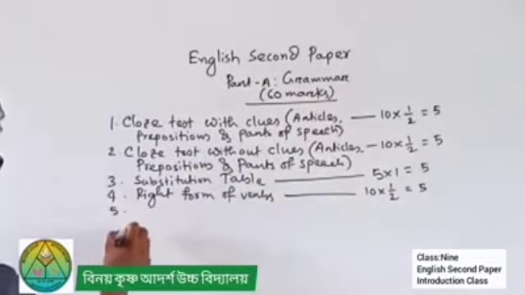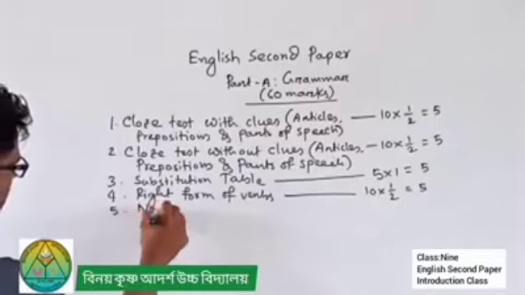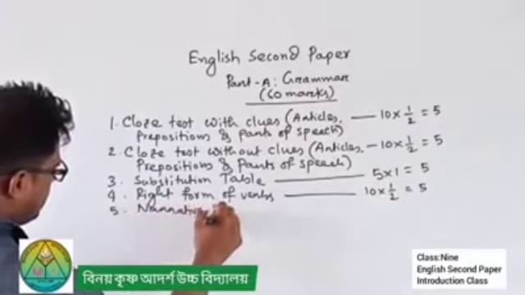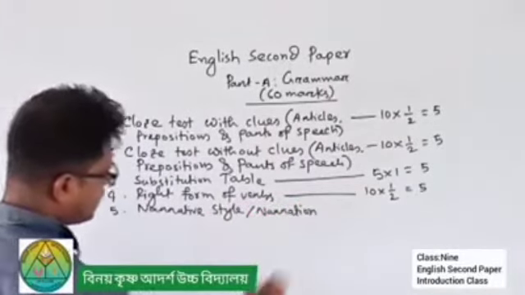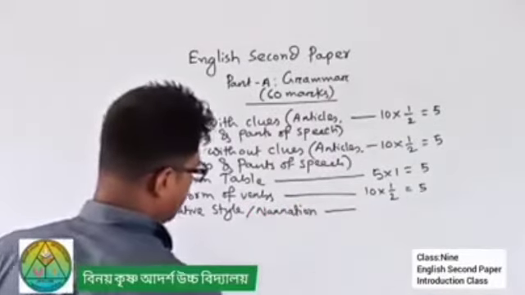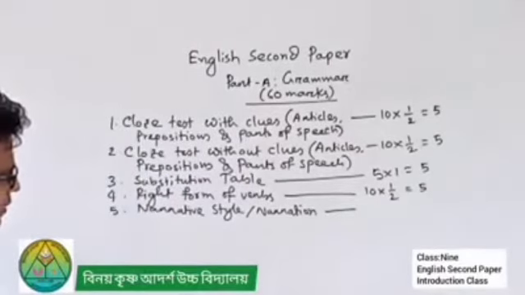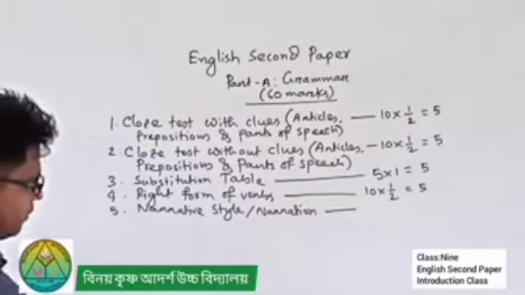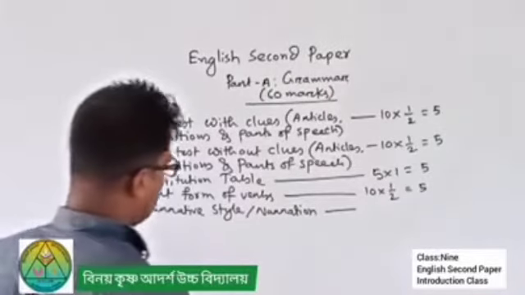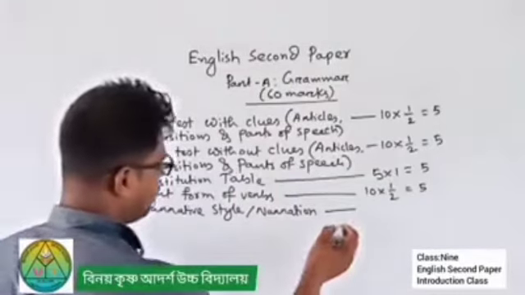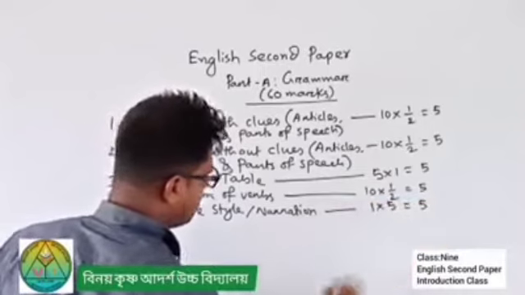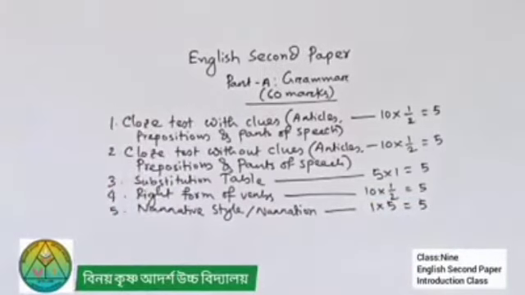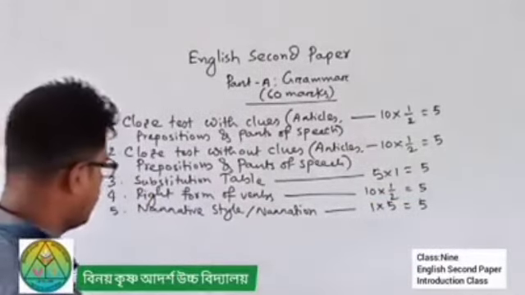In question 5, you will find narrative style or narration, popularly known as narration, direct and indirect. You will be asked to change into indirect narration from direct narration, popularly from a passage. So this is called passage narration. You will get 5 marks if you can change this narration from direct into indirect.